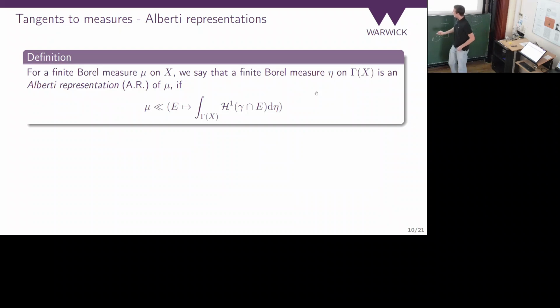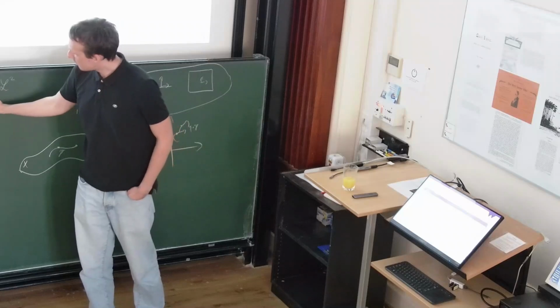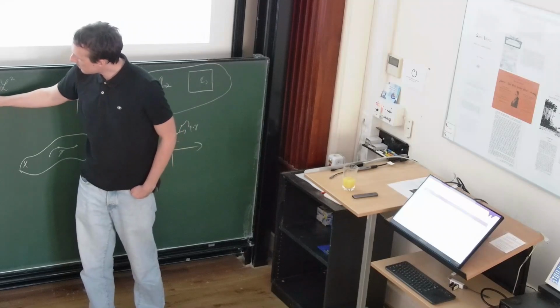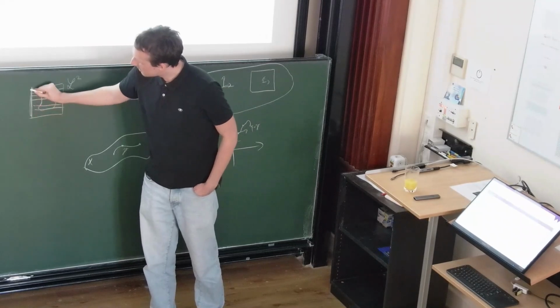Because if I have my unit square equipped with L2, and I have a set E, one way to calculate the measure of E is to look at all of its intersections with curves which are just the straight ones that go horizontally. You calculate the length of each of them, and then you integrate against the Lebesgue one-dimensional measure.